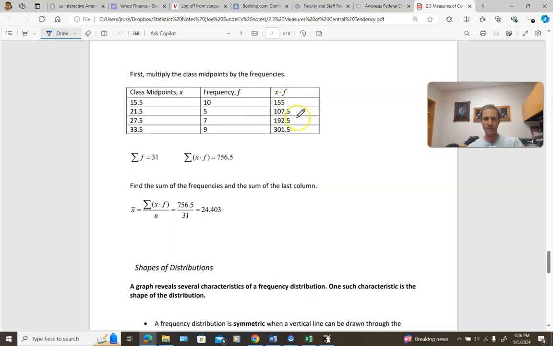Then you find the sum of these products. If you were to add up this column, you're going to get 756.5. Then you sum the frequencies, and you're going to get 31, and your last step is just to divide.